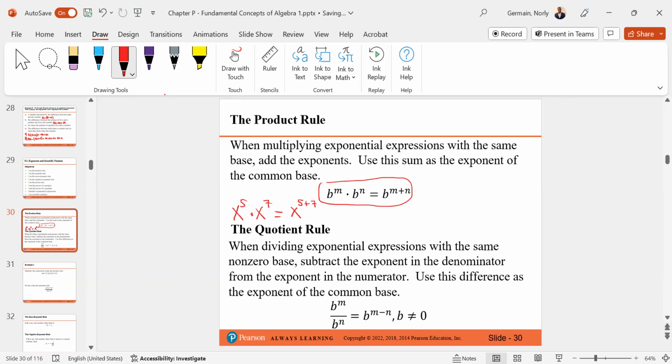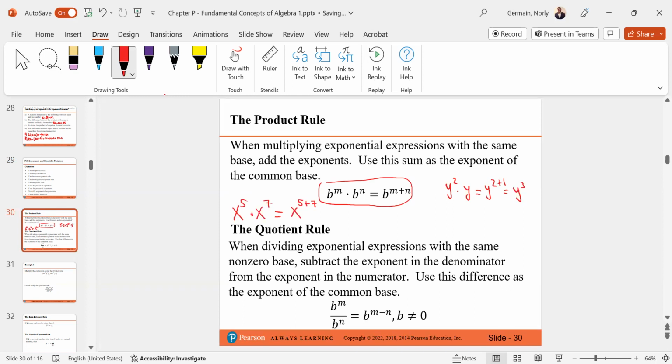When you have the same base, you keep the base and you add the exponents. If I have y power 2 times y, remember, y is usually power 1 if you don't put in something bigger than 1. So you're gonna have y to the 2 plus 1, so it is y to the third power.